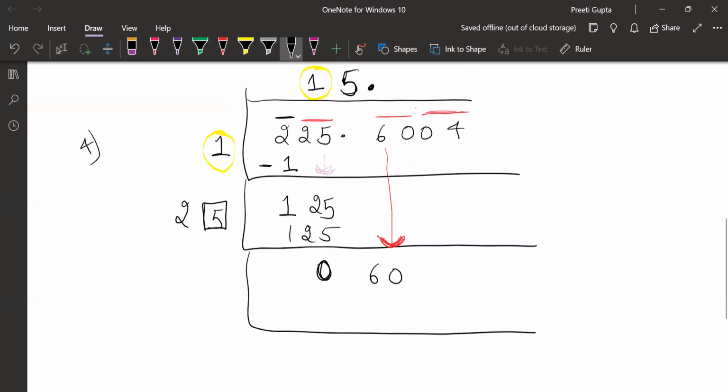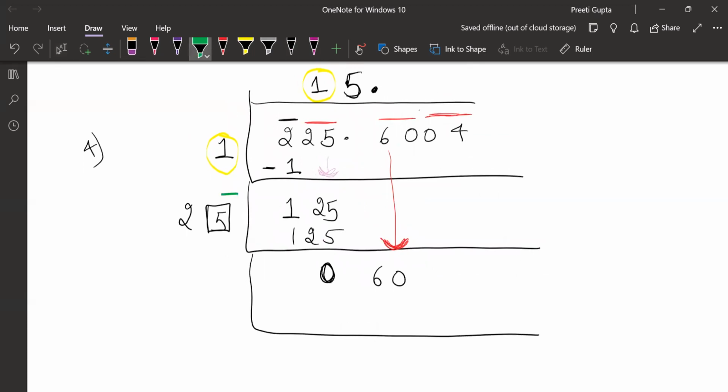Now here I need to take the addition of the previous divisor and the quotient. So 25 plus 5, 30. And here I need to put some number, and here the same number will be written.